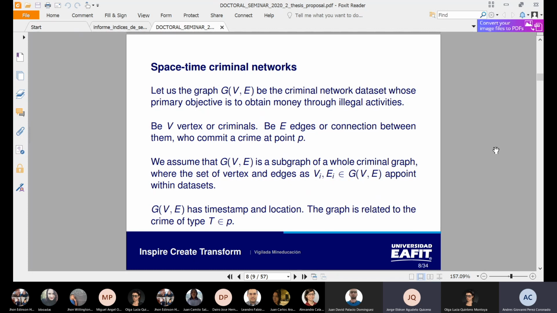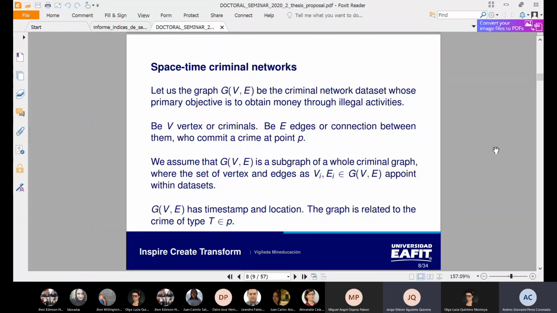Space-time criminal networks: the graph G, with vertices and edges V, E, is in a set, the criminal network data set, whose primary objective is to obtain money through illegal activities. V is a vertex of criminals, and E are edges or connections between those who commit that crime at point P. This point P belongs to R squared, latitude and longitude.